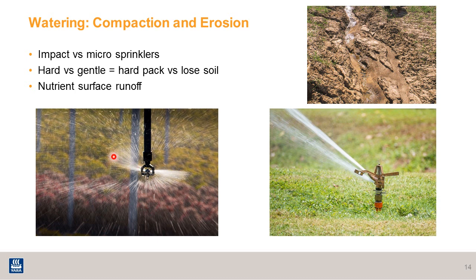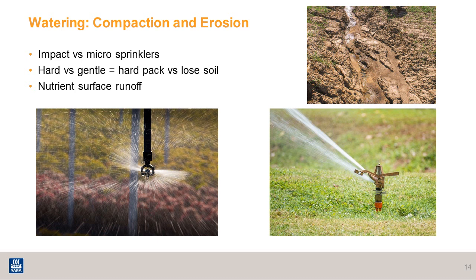The new way of delivering water to the soil in the orchard is the use of these micro sprinklers. These micro sprinklers are so gentle that when the water lands onto the soil surface, it doesn't cause compaction, keeping the soil loose. Therefore, the nutrient uptake will be better because your roots will be much happier, getting better aeration and able to move through the soil much easier.